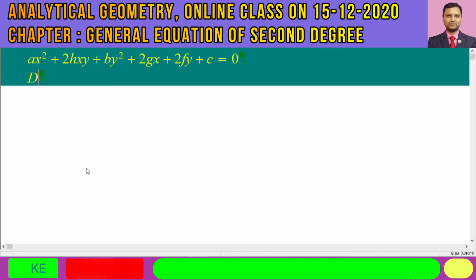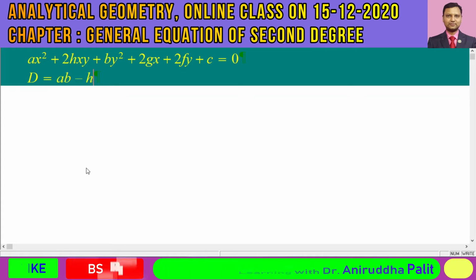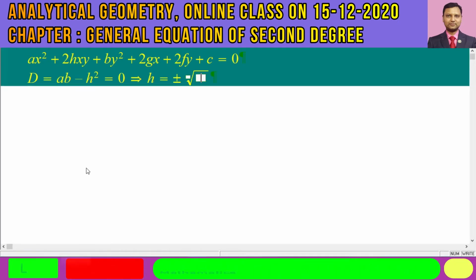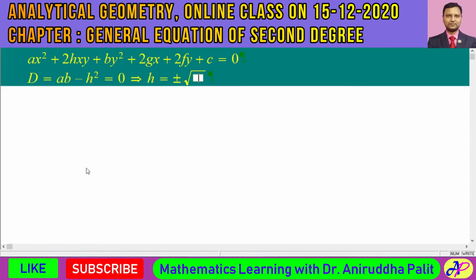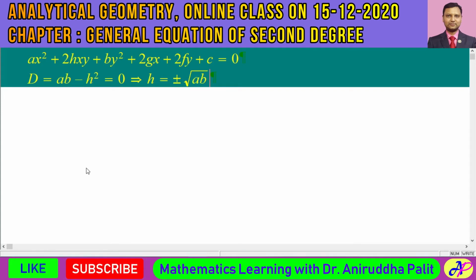In case of parabola, d, that is equal to ab minus h square, this expression becomes equal to 0. What does it mean? It means that h should be equal to plus minus root over of ab, isn't it?